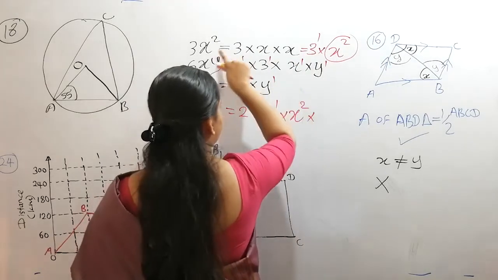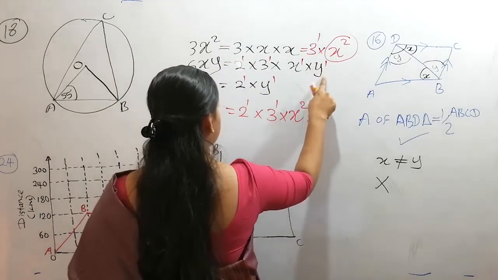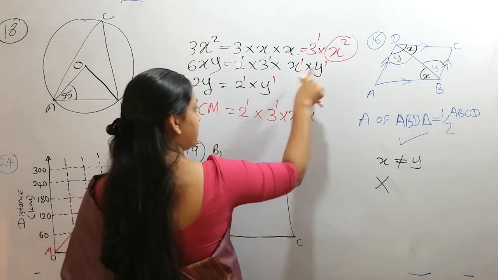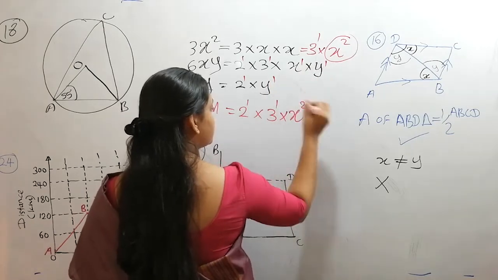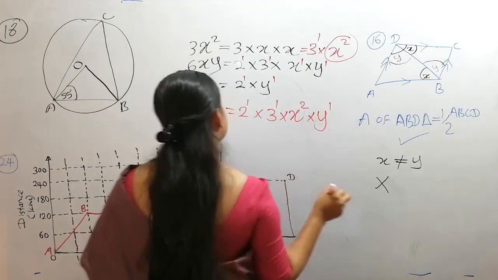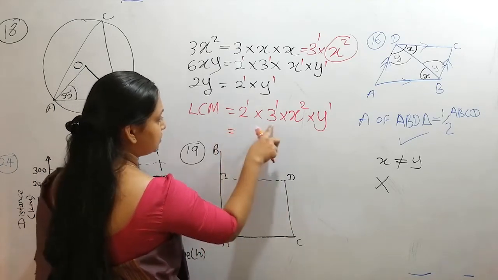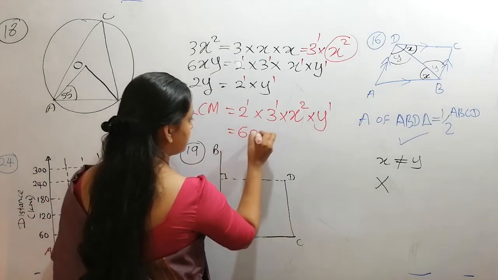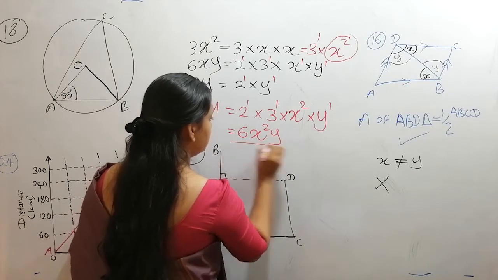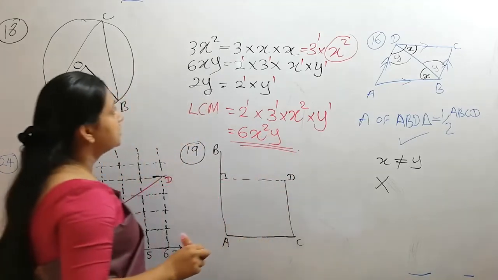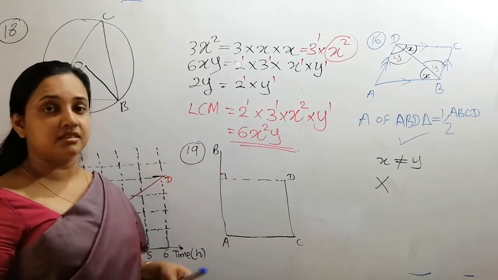Here there are no y terms. Here y to the power 1, y to the power 1. Highest index is 1. Any of these two. Then y to the power 1. This is the least common multiple. Then 2 into 3 is 6. 6x squared y is the least common multiple of these given 3 terms.